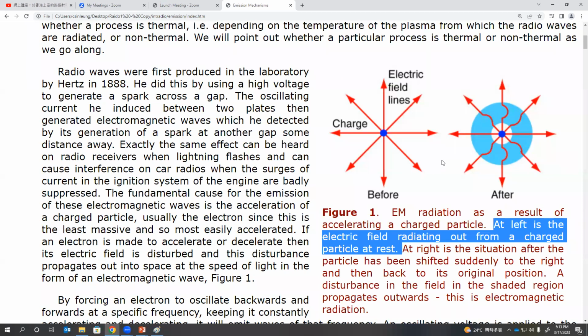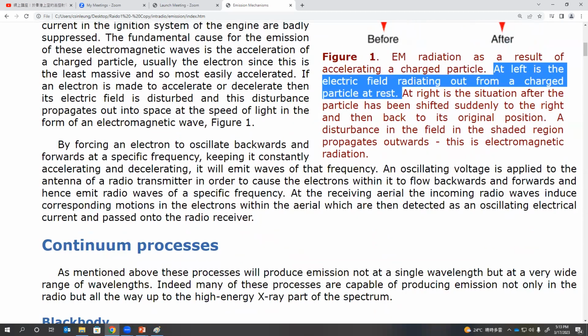So you can imagine if you force an electron to oscillate backward and forward, it can probably produce electromagnetic radiation. This is one of the reasons why in our sky we can detect signals corresponding to celestial bodies.